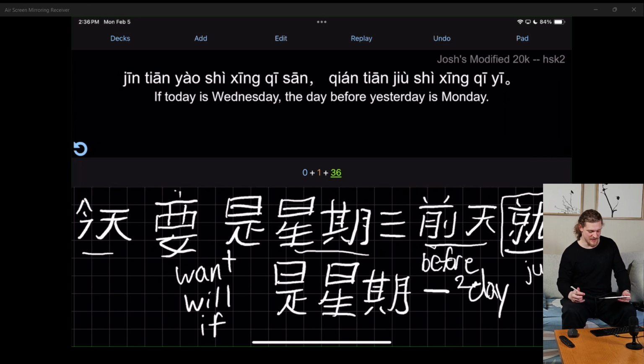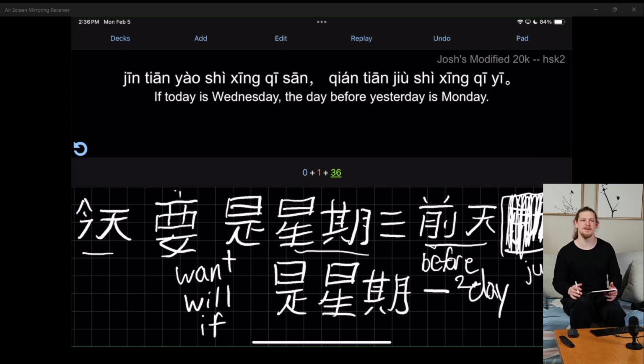And then sometimes you've got places where, like here in this sentence, I think you could really drop jiu from the sentence, and I think the sentence's meaning would be the same, right? So we could say 今天要是星期三，前天是星期一。I think that the meaning is basically the same, but here that jiu is much more natural.